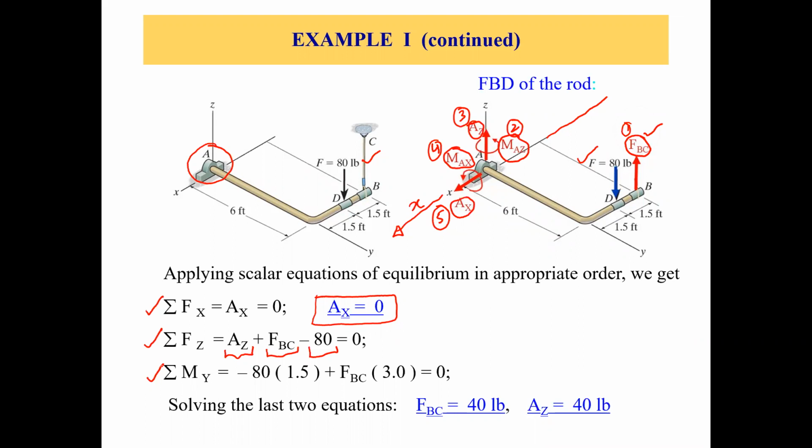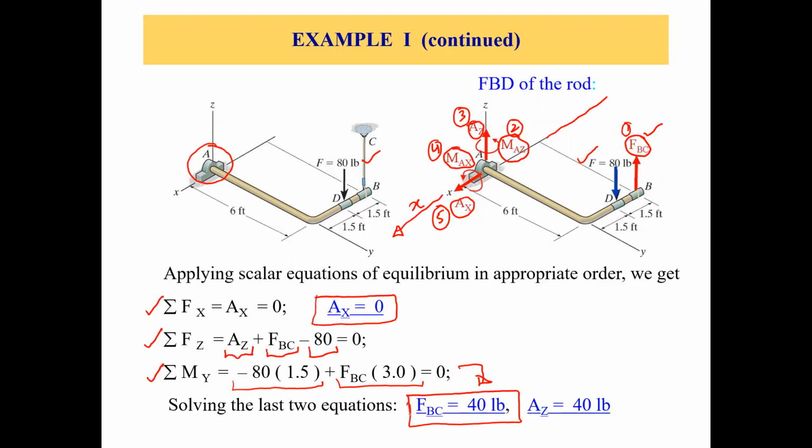And then FBC is creating a counterclockwise moment, so it's positive, and its moment arm up to y-axis is 3 feet, right? So we get negative 80 times 1.5 plus FBC times 3 equals 0. From this equation, we get FBC equals 40 pounds.